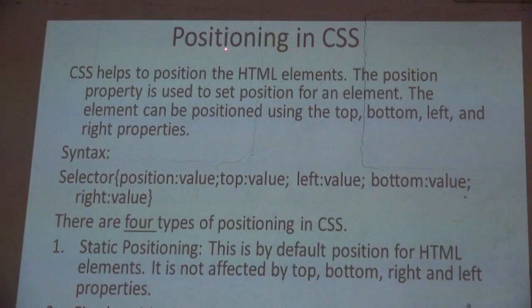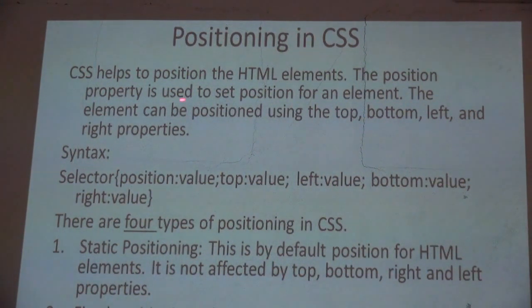Positioning in CSS. Now we are going to move to the next topic, positioning in CSS, because positioning says we are having the position. The positions may be left corner, right corner, top or bottom. So CSS helps to position the HTML elements. The position property is used to set the position for an element.